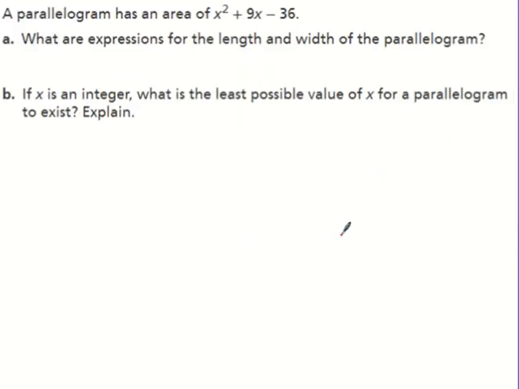It says a parallelogram has an area of x squared plus 9x minus 36. What are expressions for the length and the width of the parallelogram? Just like we did in 7-4, we're just going to factor this like we've been factoring, and one will be our length and one will be our width. So I'm looking for negative 36 but adds to 9.